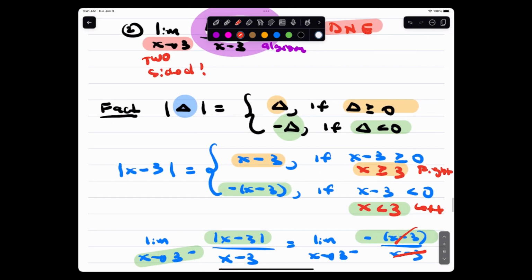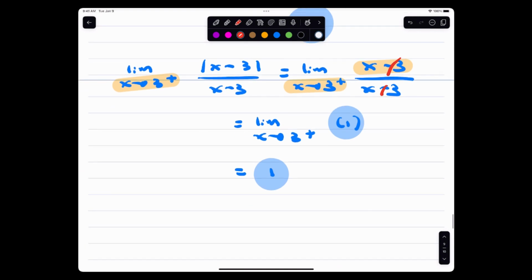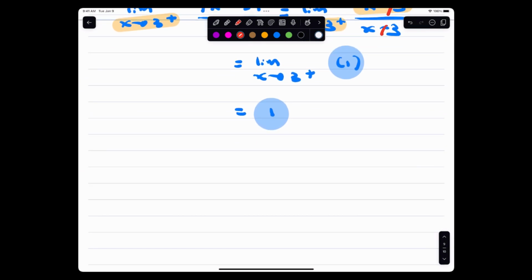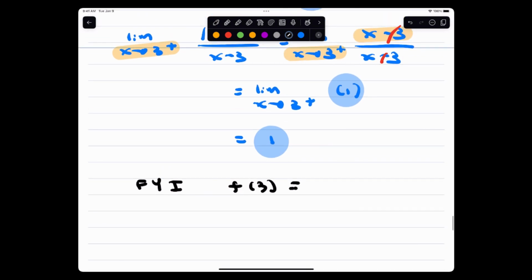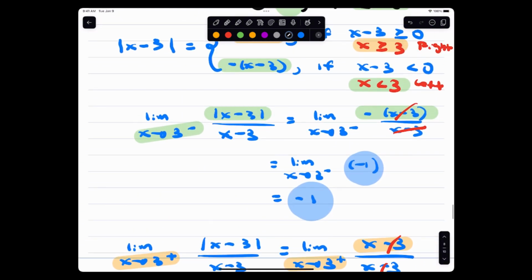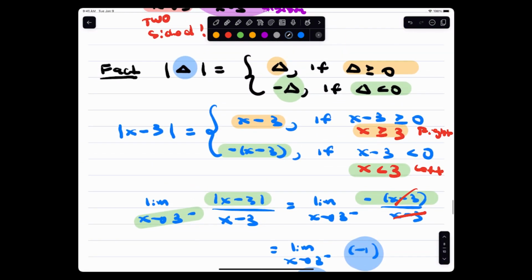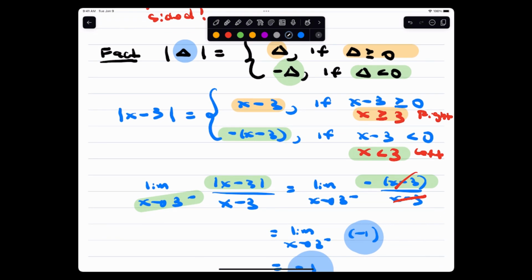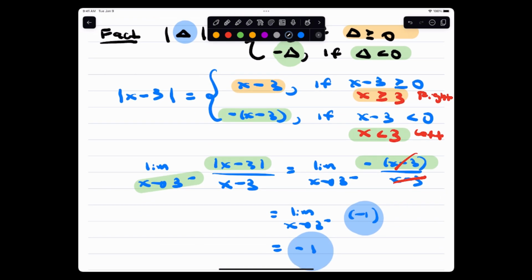Now, let's see if you're awake. FYI, this is an important question too, because we're killing 2 birds with 1 stone. What's the value of the function at 3? What's f of 3, ladies and gentlemen?